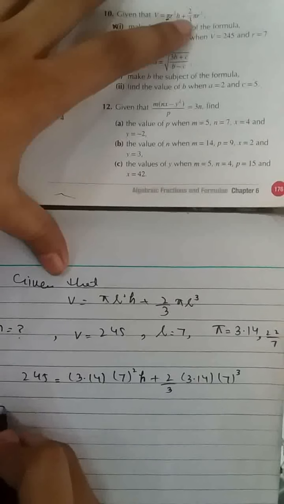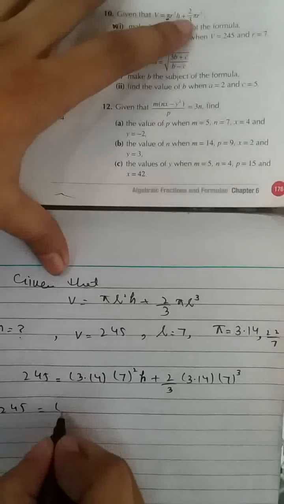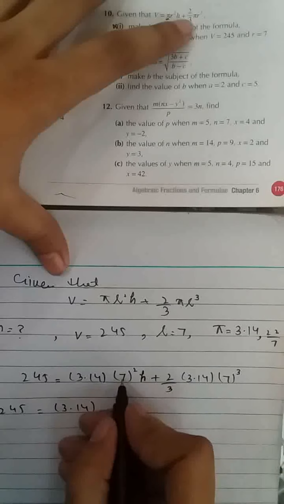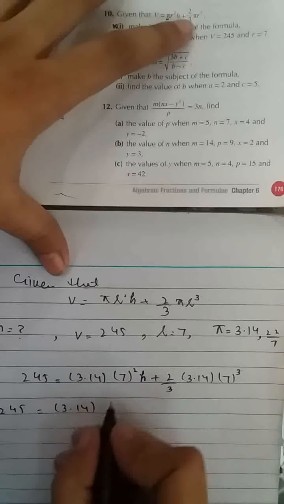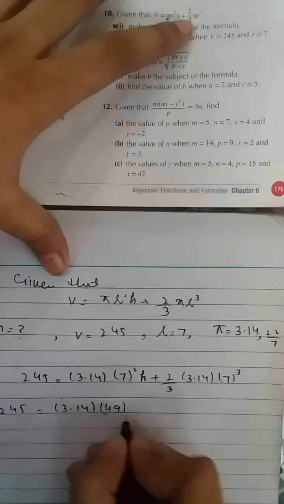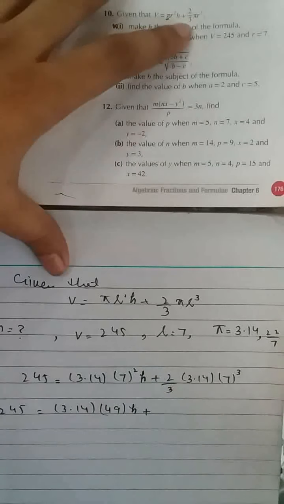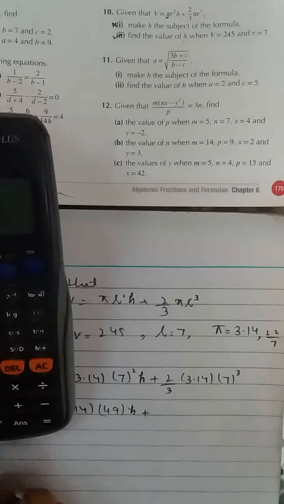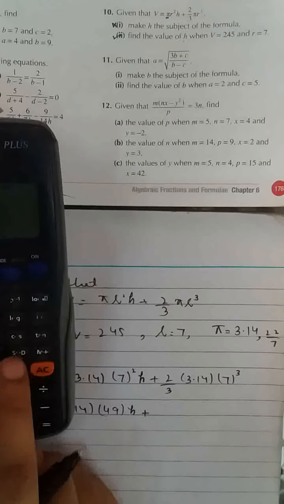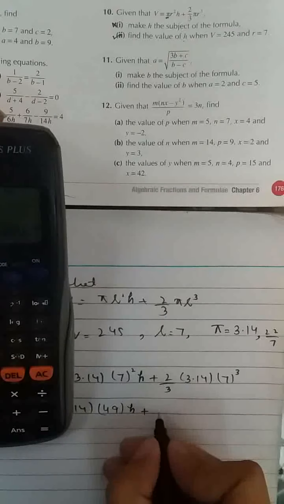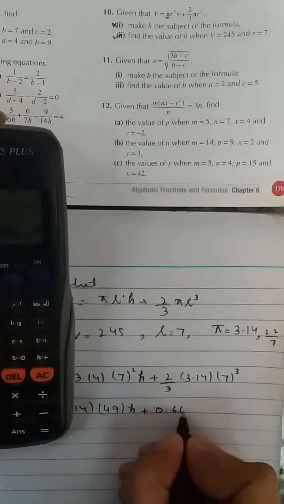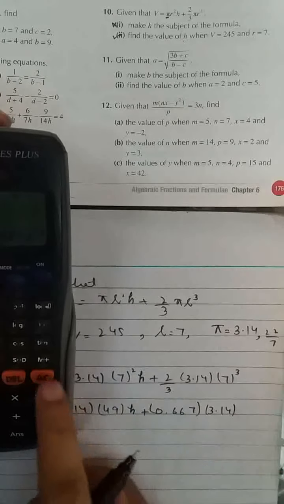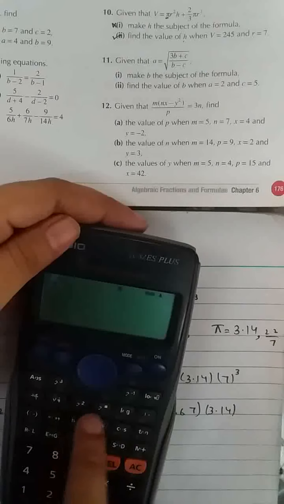Okay, 245 as it is, 3.14. First we open the square and cube. When we open the square, 7 multiplied by 7, we get 49 h plus 2 divided by 3. This is in the form of a fraction. We convert it into decimal form. 2 divided by 3, we get 0.667 and 3.14 as it is. Now we open 7 cube, it means 7 multiplied 3 times.